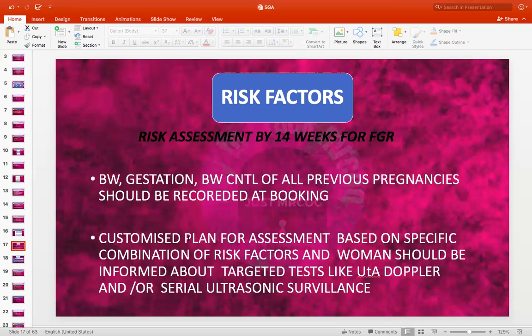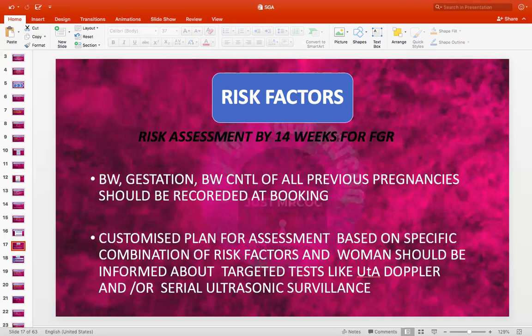And then we are going to offer her a customized plan for the assessment based on the specific combination of risk factors. So once we do the risk assessment at 14 weeks, then on the basis of these risk factors, we offer the customized plan for the assessment, right? And then we have to inform women that we will offer her targeted tests like uterine artery Doppler and/or serial ultrasound surveillance.